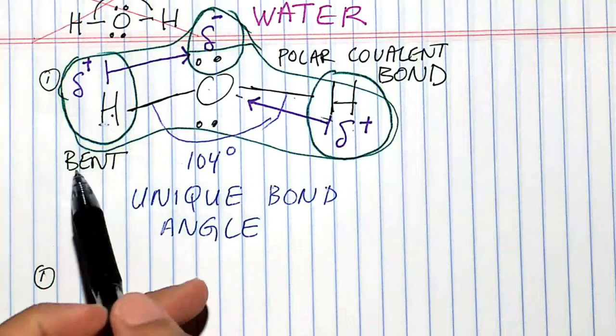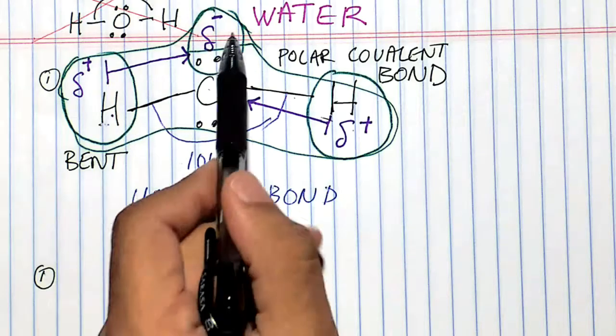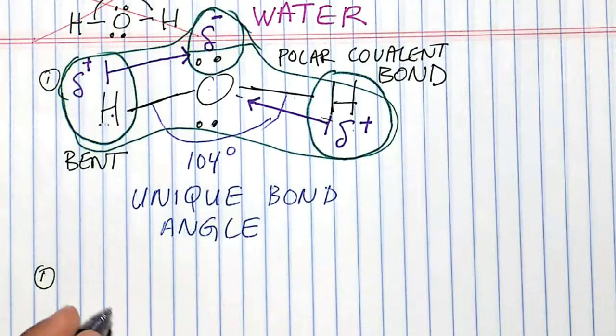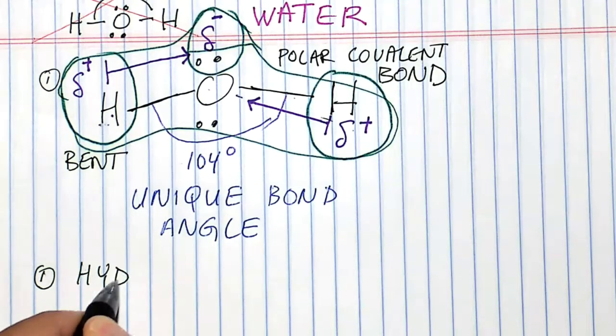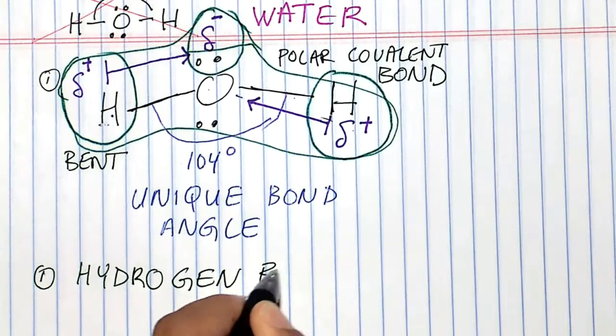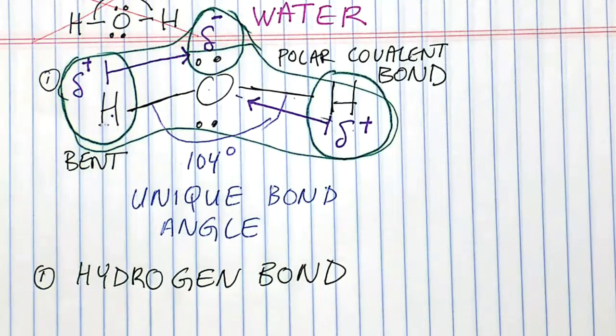It's a polar molecule, so water molecules have a region that's negatively charged, as I said before, and regions that are positively charged. So due to that, water can do a number of things, and you probably have already heard about this from previous introductory science courses, but it's worth mentioning again, the hydrogen bond.